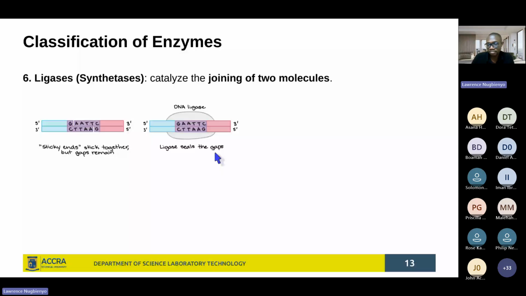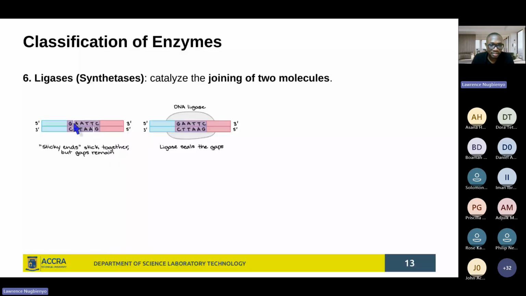Nucleic acids after the process of replication, that is the production of DNA from another DNA molecule, there will be some gaps that are left in between some nucleotides at the ends, and after that you have DNA ligase coming to seal those gaps.